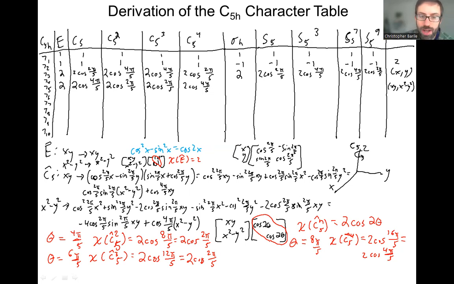Okay, so now we get to sigma h. Sigma h is a fairly easy one to do. We know that x went to x, where sigma h was in the xy plane. And so if we have an x vector or y vector, those are both in the xy plane.